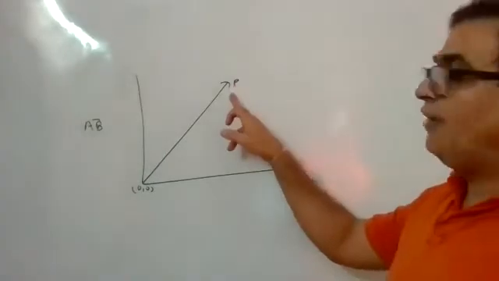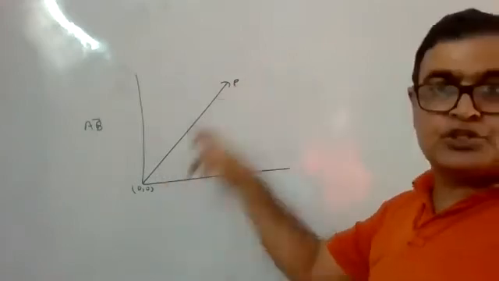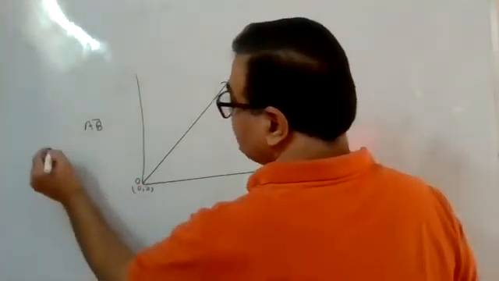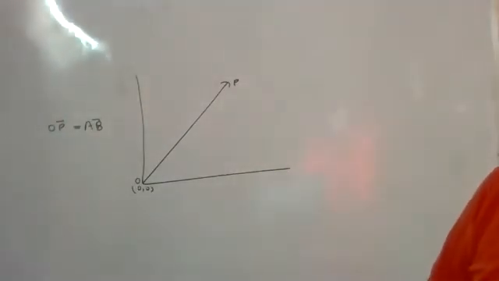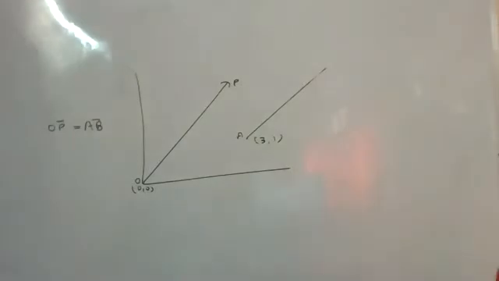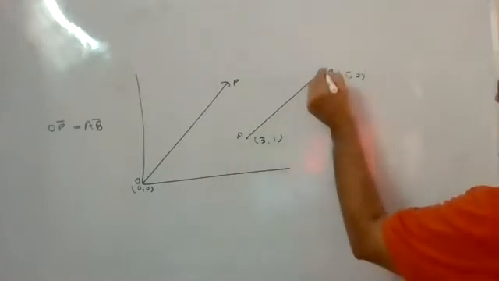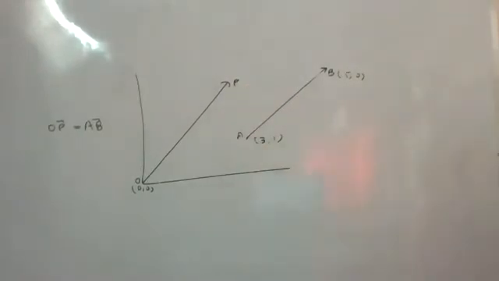So they are asking, find the coordinate of the tip of the position vector which is equivalent to AB vector. This OP vector that you have is equivalent to AB vector, where the coordinate of A is 3, 1. I have taken any point A as 3, 1 and B is 5, 0. So whatever AB vector you have, this is equivalent to OP vector. My question is, what is the coordinate of point P? That is the question we have.